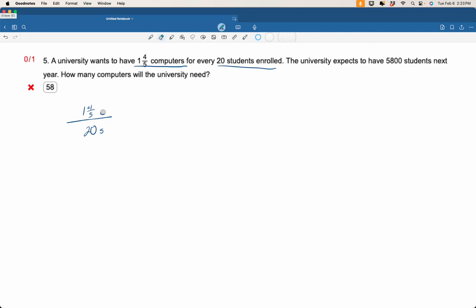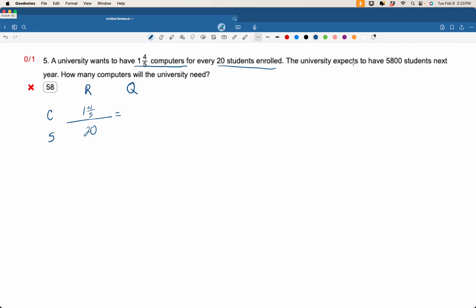I'm going to rewrite this. This is computers, and this is students, and this is the rate. So the quantity, or the number, whichever you want to say, is going to be an equivalent fraction that allows you to set up this statement to find the unknown value.